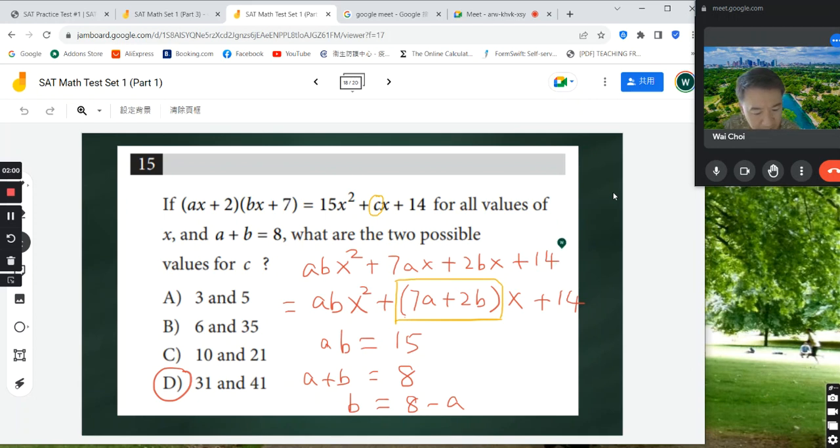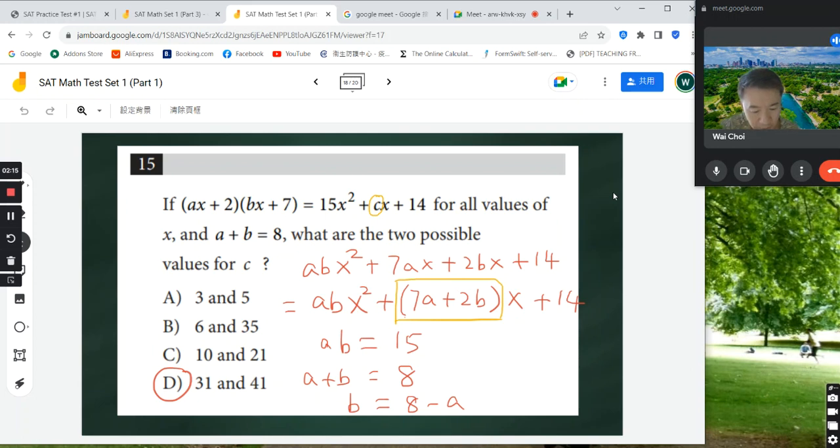Now these two are like terms, they are both x terms, so you can combine them. When you combine them, you have (7a + 2b) times x.